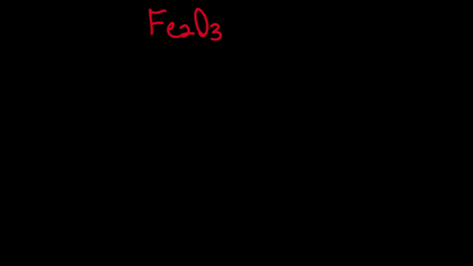So I can do my reverse engineering and do Fe2O3. I'm going to take my subscripts and turn them into superscripts. And so I'm going to get Fe with a +3 charge and O with a -2 charge.